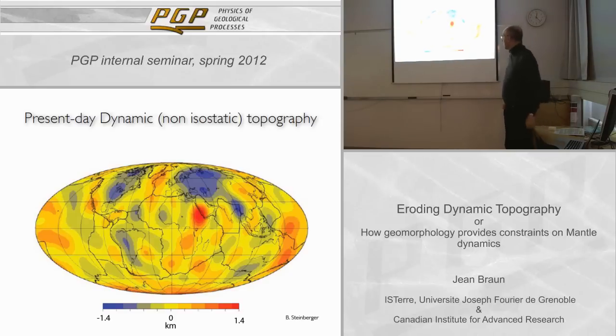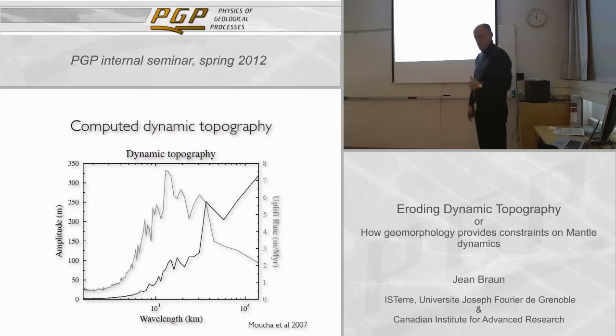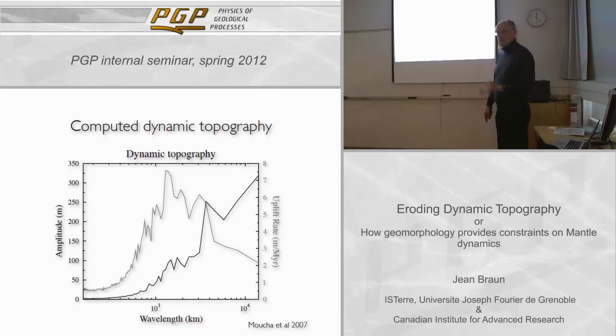There's another way you can do that, much more sophisticated, more appealing to physicists. I'm not going to go into the details, it's a fairly detailed procedure, but you can use seismic tomographic data to infer a seismic velocity structure for the Earth, for the mantle.